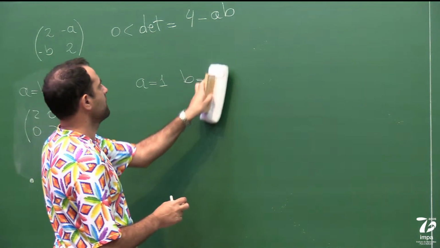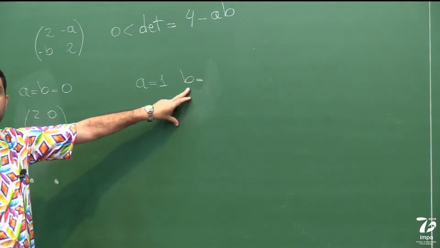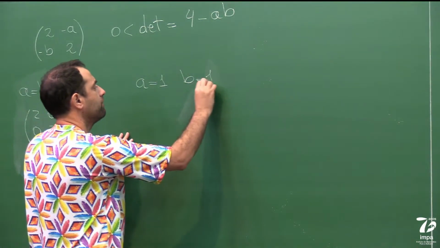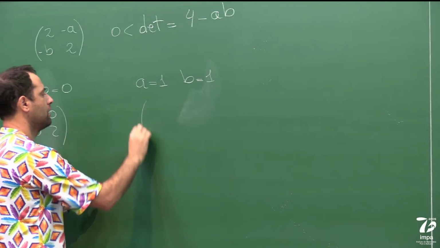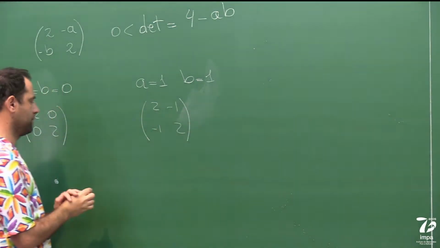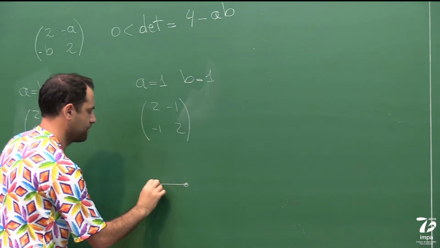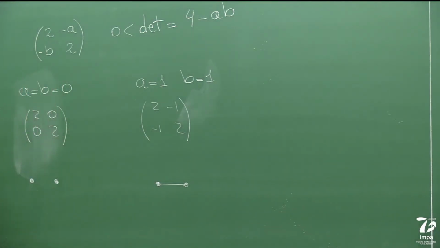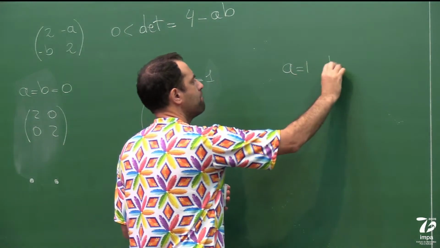The other option is, as soon as A is non-zero, let's say it's 1, then B has to be non-zero, so the minimum possible value is 1. In this case, the determinant is 3. And we are in this situation, and the Dynkin diagram is this. The other option is A is equal to 1, B is equal to 2.